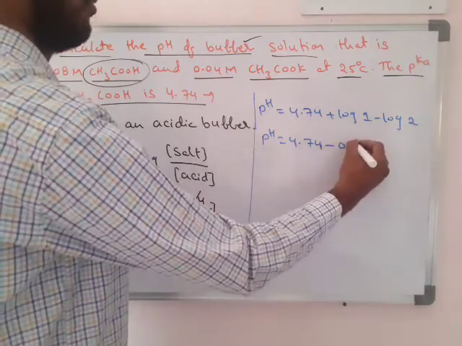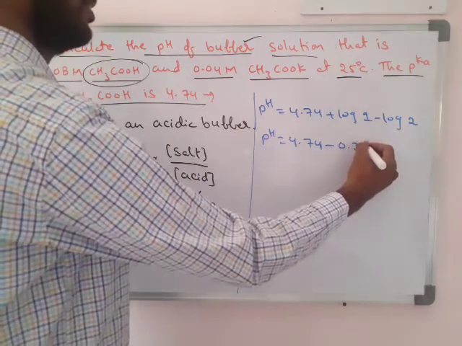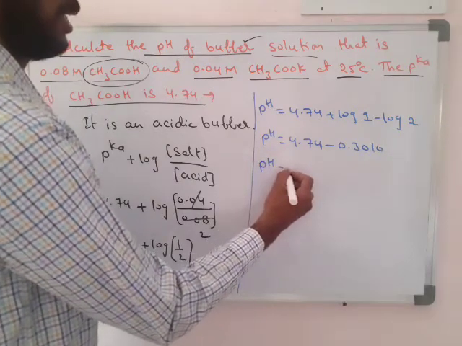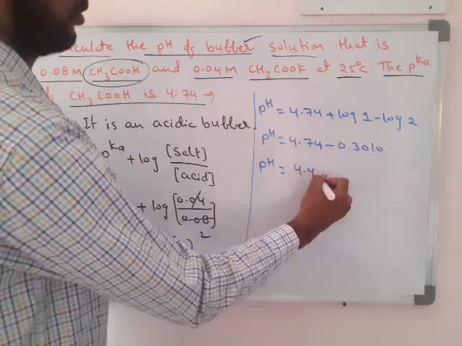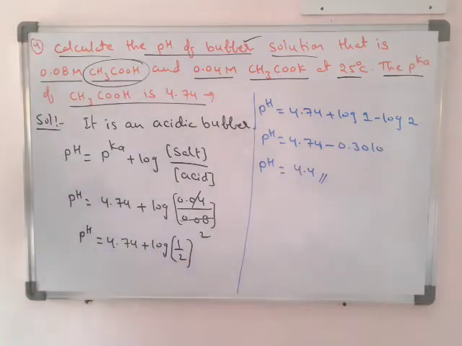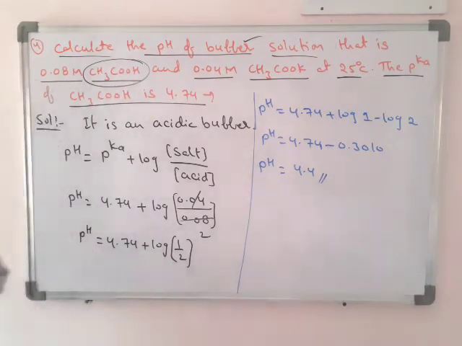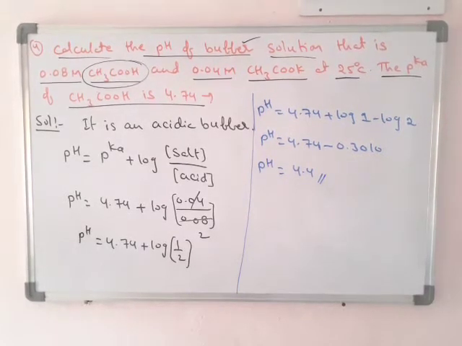We have to remember these logarithm values at least up to 10. Log 2 is 0.3010 approximately. So pH we'll get approximately 4.4. Okay, this is the pH of the given acidic buffer. So it is compulsory to remember the log values up to 10 at least.